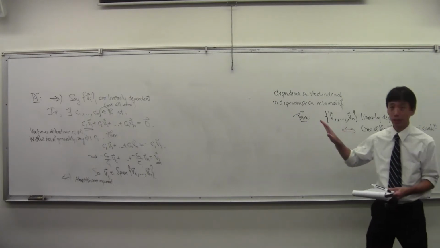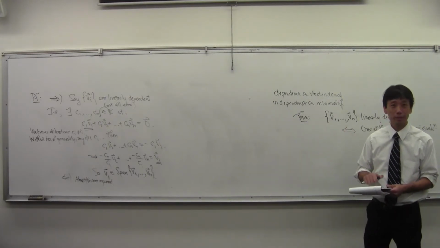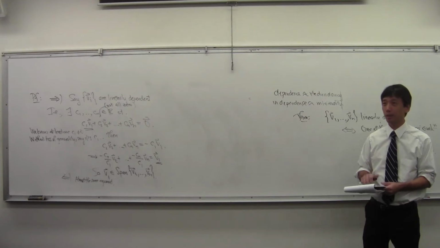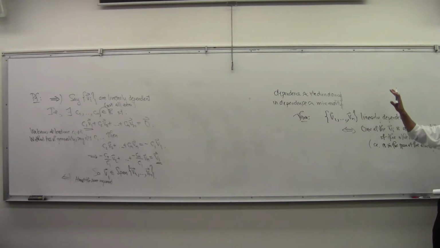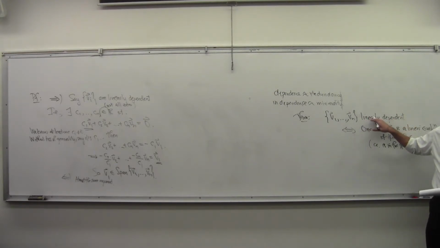Okay, any questions about that? So see what this says. Linear dependence means that one of the guys is in the span of the others. In other words, there's redundancy.